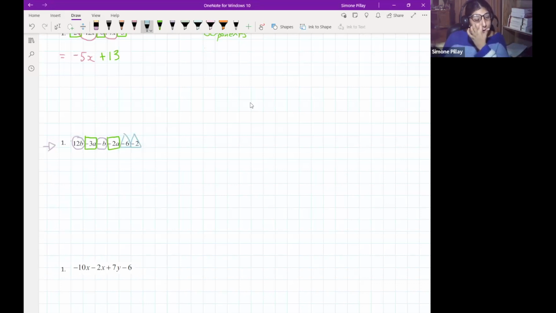So why are 12b and negative b like terms? Because they have the same variable and the same exponent, and the exponent here is 1. Why are negative 3a and negative 2a the same? Because they both have the variable a with an exponent of 1. Let's now add and subtract our like terms.